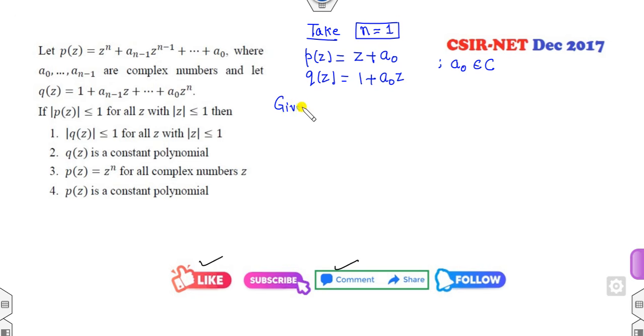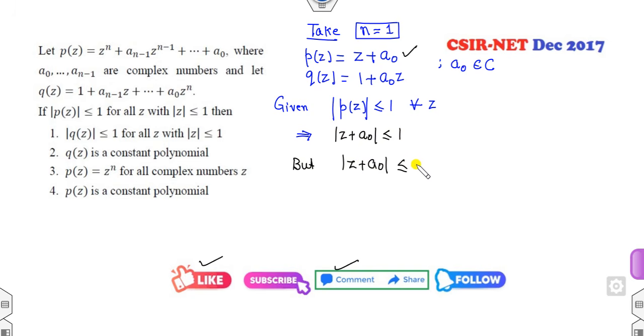Now, given that mod of p of z is less than or equal to 1 for all z, I can substitute the value: mod of z plus a naught is less than or equal to 1. Now it is given that mod z is less than or equal to 1.